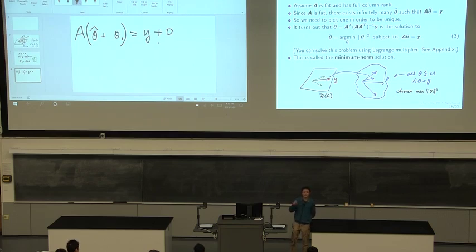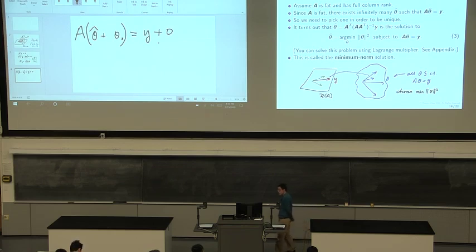That means you have infinitely many thetas that can all make that system of equations satisfied. And among all these infinitely many choices of solutions, you pick the one that has the minimum norm. That's why it is called the minimum norm least squares solution. Is that clear? Okay, if you ever come across these terms, it means that.